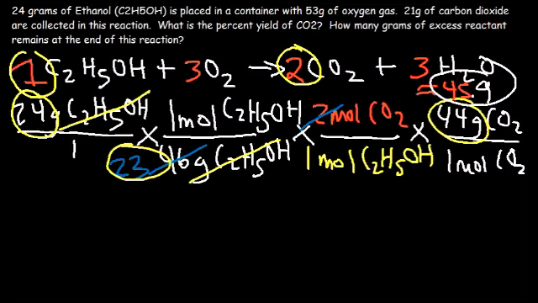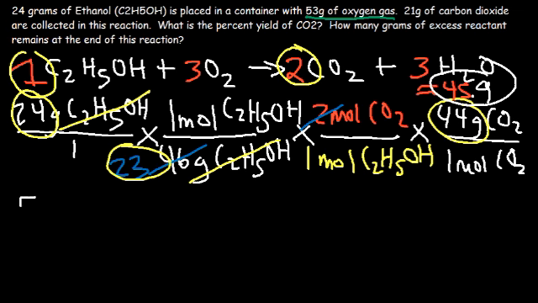So what I want you to do is pause the video and start with 53 grams of O2 and convert it to the grams of CO2 using the same 4 steps that we have on the board. And you may have to modify some of those steps, but follow the same generic process to get the grams of CO2 that can be made from 53 grams of O2.